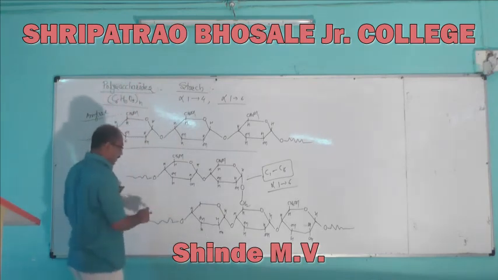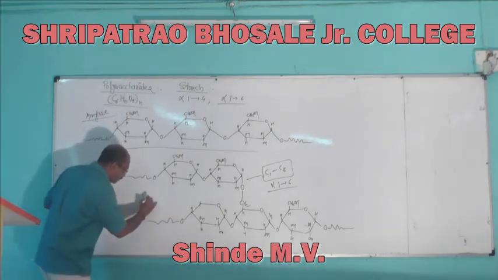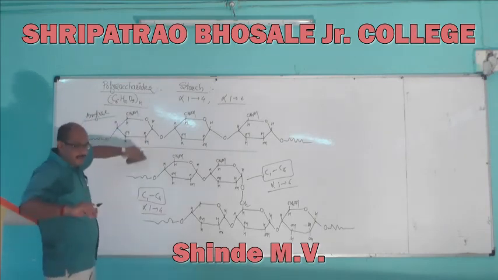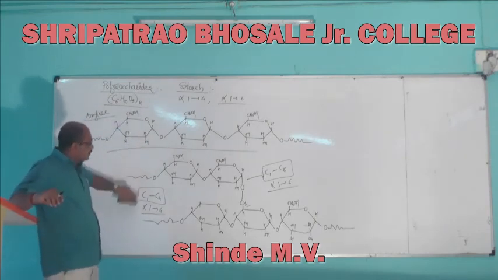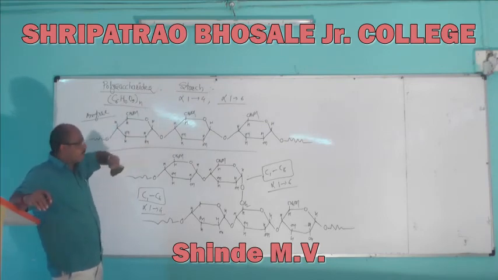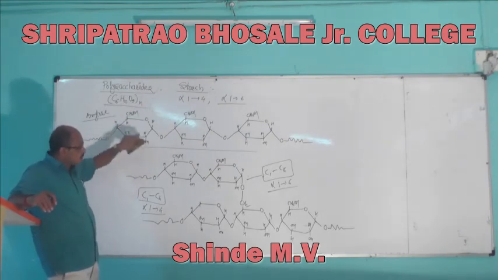These all have the C1 to C4, which means alpha 1 to 4. It means the amylose structure contains the alpha 1 to 4 glycosidic linkage.